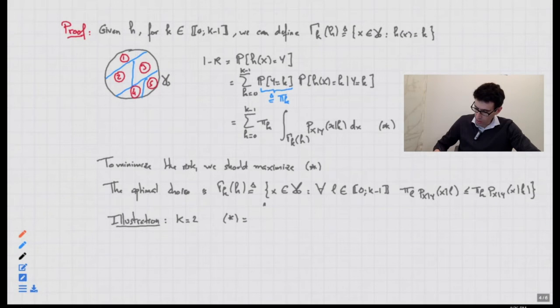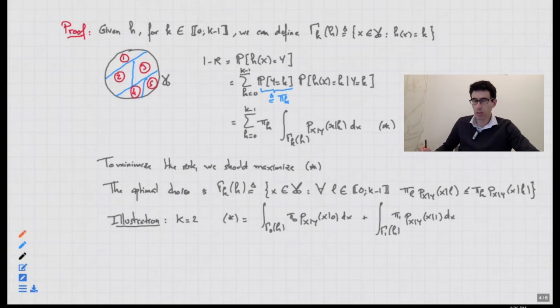It's going to be the integral over gamma 0 of h of pi 0 times p of x given y of x given 0 dx plus the integral over gamma 1 of h of pi 1 p x given y x given 1 dx.